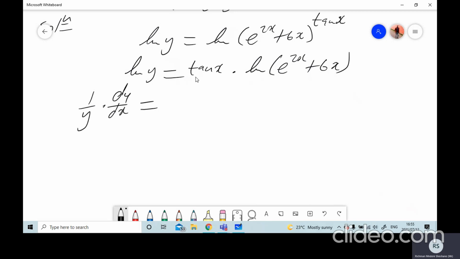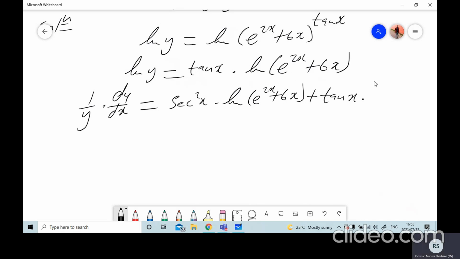So the product rule says derive the first, which is the derivative of tan x, it's sec squared x. Leave the second function, ln of e to the 2x plus 6x, and then plus, now we leave the first and derive the second. It's ln of a function.